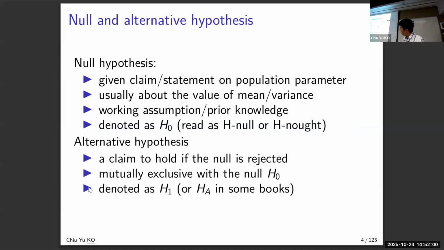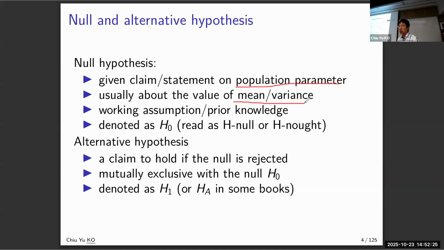So that's why we have the null hypothesis and alternative. Null is the one that we have at the beginning, right? It's like the British system, you assume people innocent. That's a null. In our case, you have to make a claim about the value of the population parameter, something about the mean and variance.